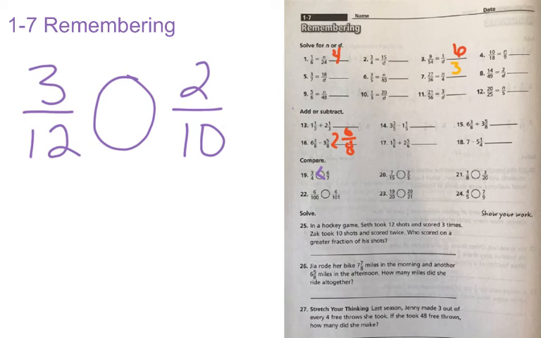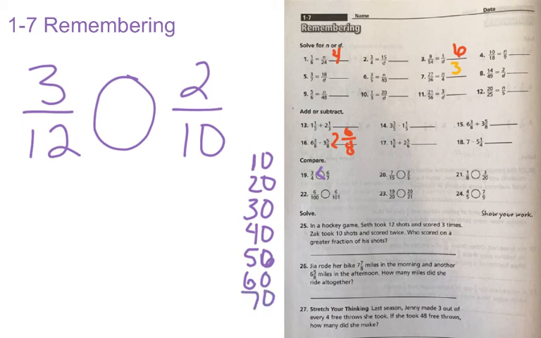And my least common denominator here, I know that my multiples of 10 are 10, 20, 30, 40, 50, 60, 70, and so on.